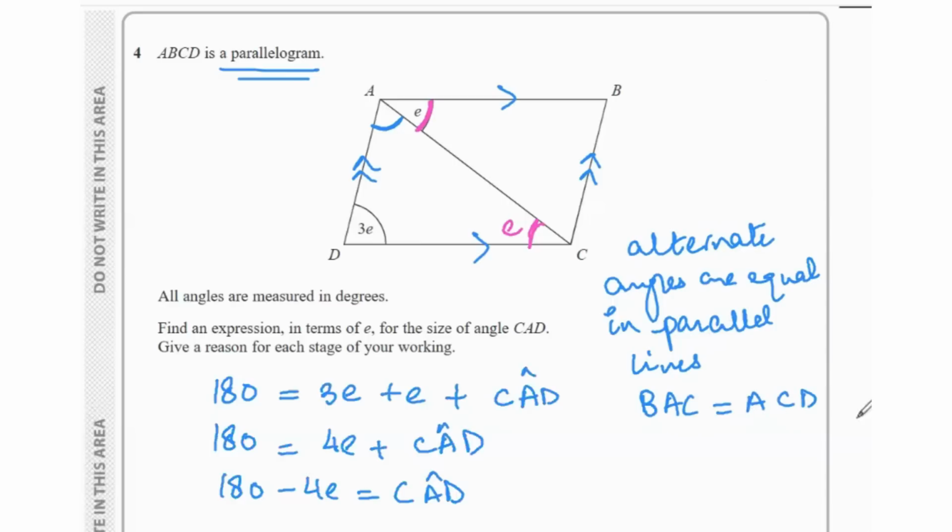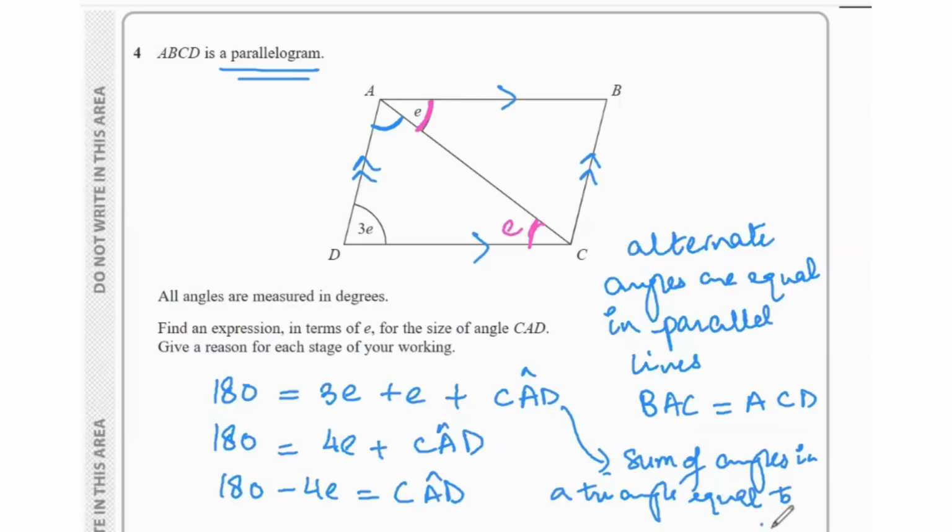That's why they were equal to E. And then for this step, sum of angles in a triangle equal to 180 degrees. So these are your two reasons for the process that we do to find the expression for angle CAD in terms of E.